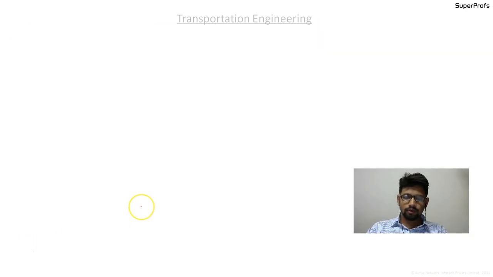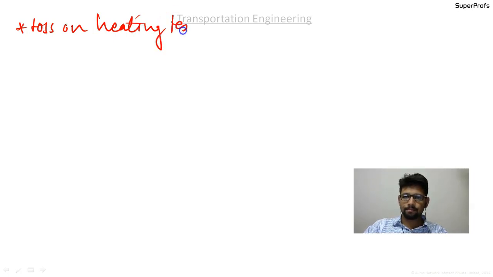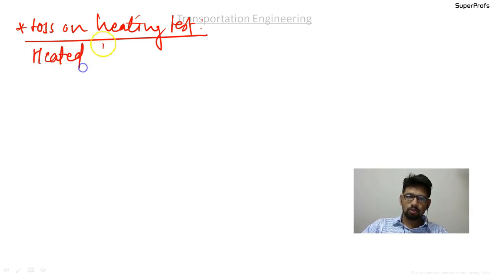Okay, next one is the loss on heating test. In this test, the bitumen is heated to 160 degrees Celsius for 5 hours.